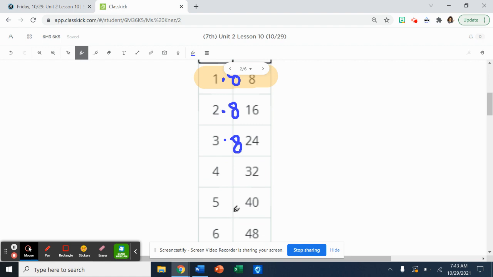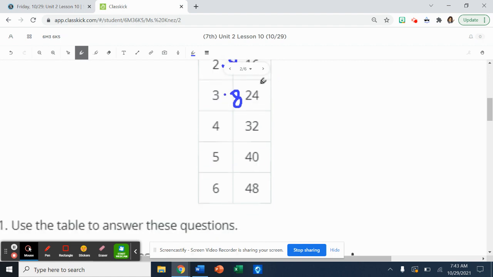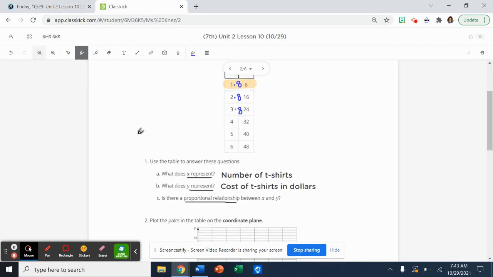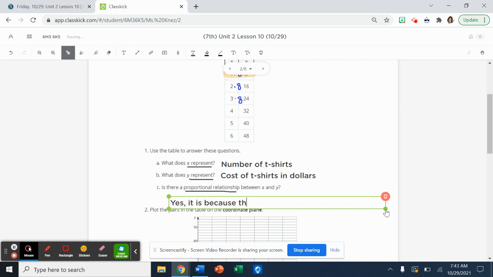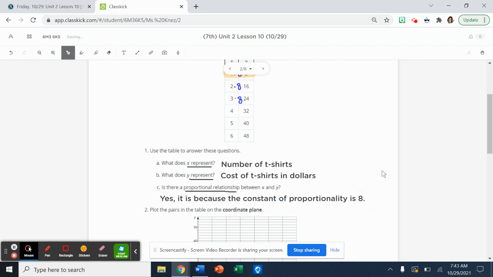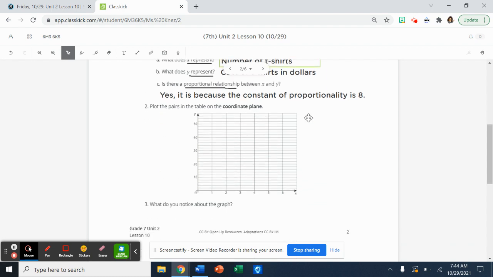And the same is true for every other value, 4, 5, and 6. We're multiplying every number times 8. Remember that that number we're multiplying by is called the constant of proportionality. So yes, it is because the constant of proportionality is 8. In other words, we know this is a proportional relationship because we can multiply every row in the table by 8.